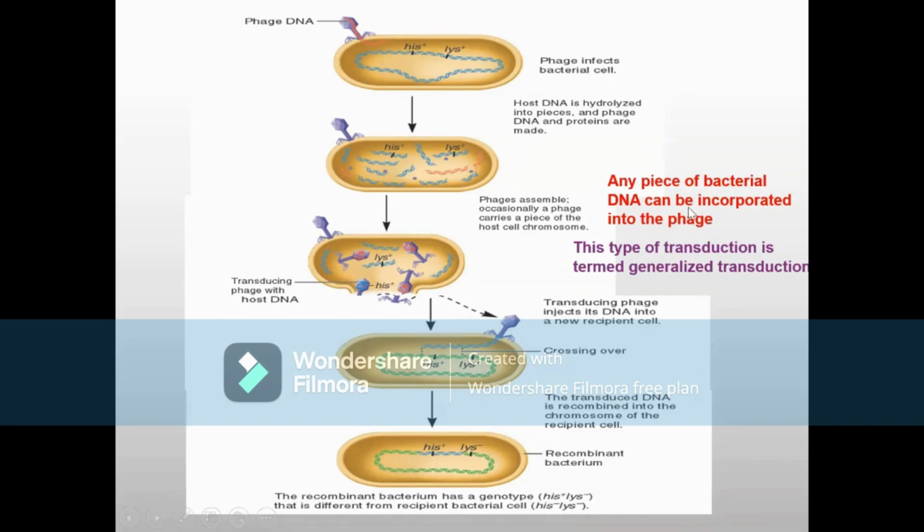Any piece of the bacterial DNA can be packed into the phage head, and it is random. Hence it is called generalized transduction, not specific. Any fragment may get packed into the phage, hence it is called a transducing particle.